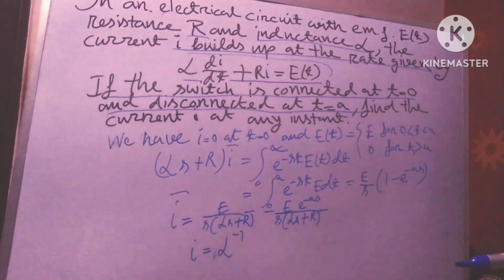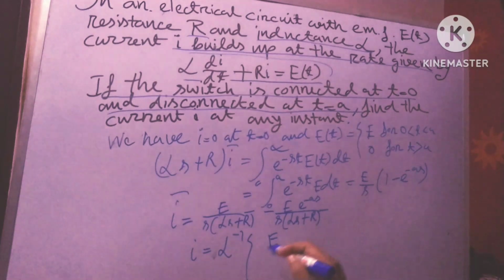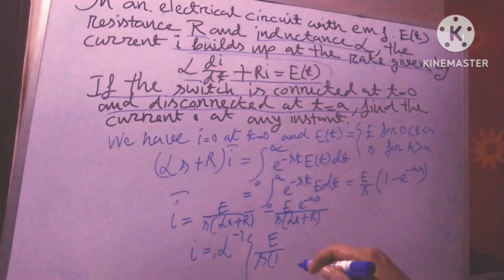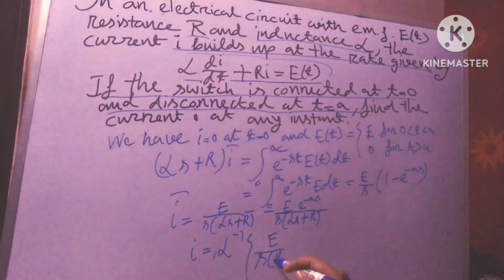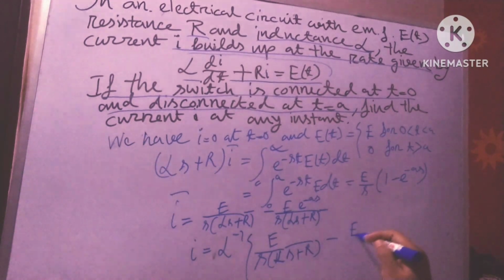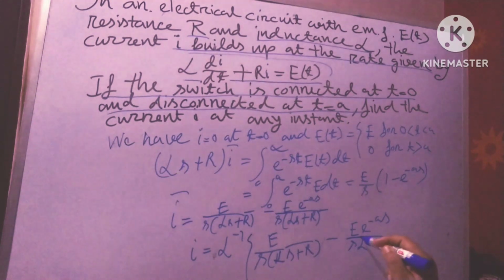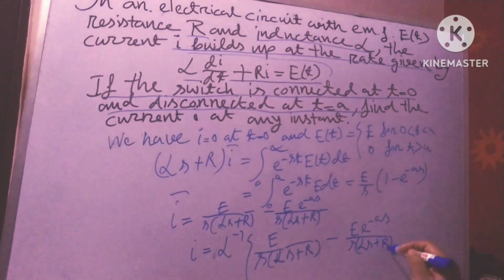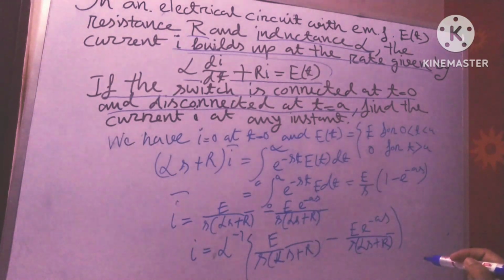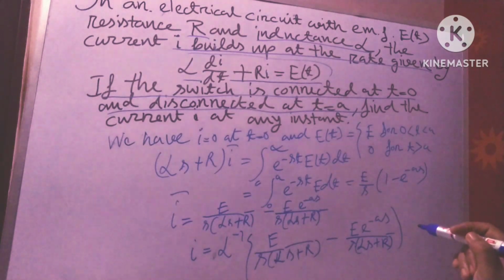So I equals L inverse of E divided by s into (Ls plus R) minus E into e to the power minus as divided by s into (Ls plus R). So this is the total Laplace inverse. Just Laplace inverse. Now I have to find it out.